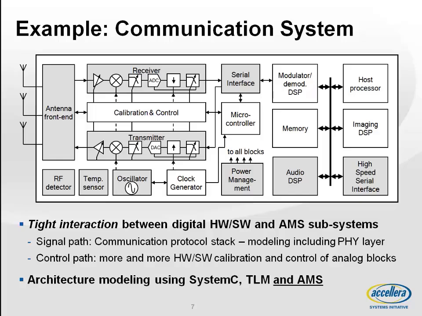A small diagram on what such a system looks like and what the properties are. Here you see a communication system which has an antenna interface, radio functionality, and, in the back end, all the digital functions. But there is more and more control in those types of radios, calibration and control. You see microcontrollers for testing.